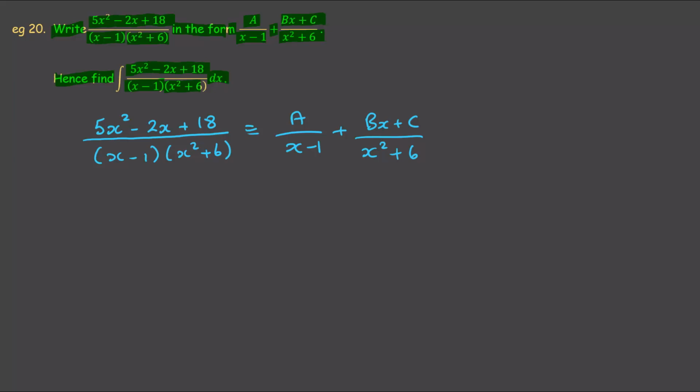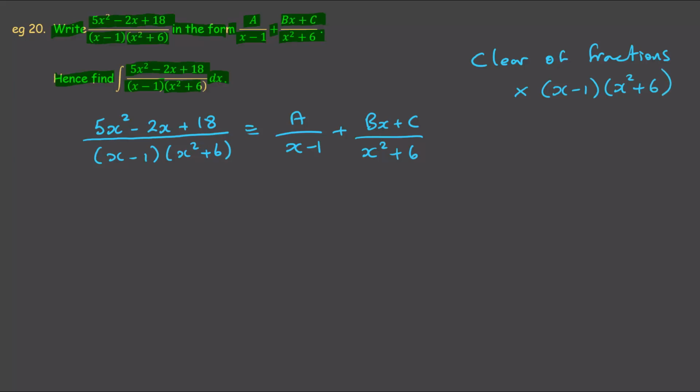And just like last time, we're going to clear the fractions, which means multiplying both sides by (x − 1)(x² + 6).